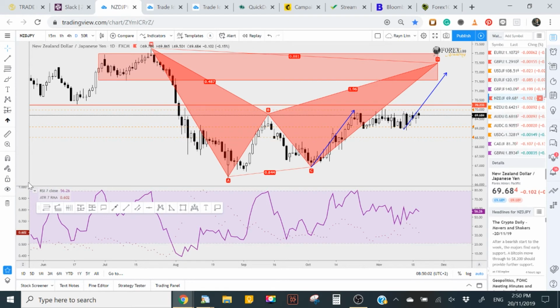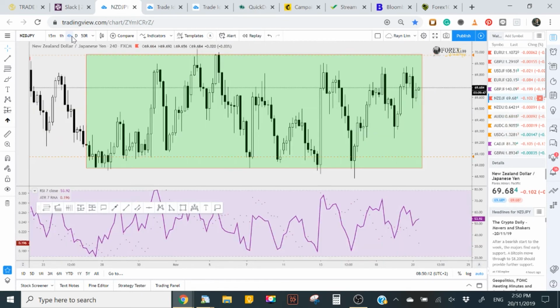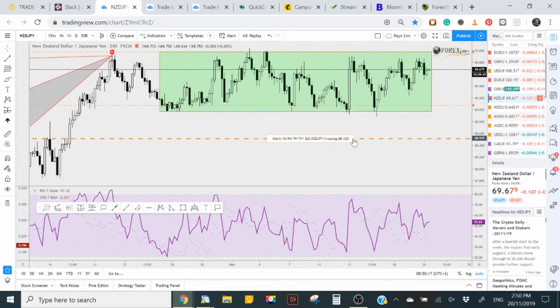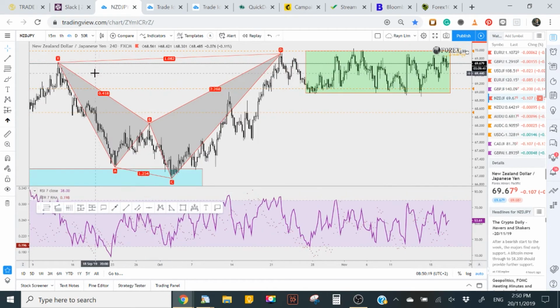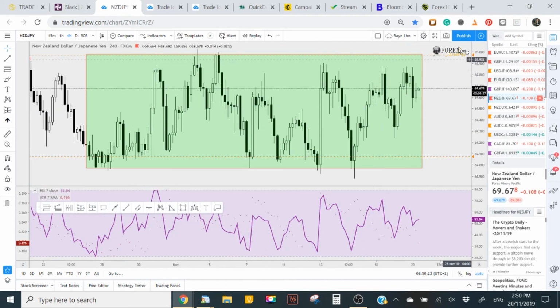There is this bad pattern, can't wait to short it, because if let's say it's an equal distance move, it will bring it close to the D price completion. Down to the 4-hour chart, consolidation over here, nothing much. It's a sideways consolidation, and if you zoom out, it is a shark pattern. So pretty much I'm waiting for a selling opportunity.